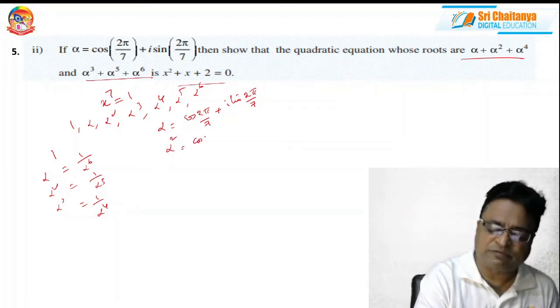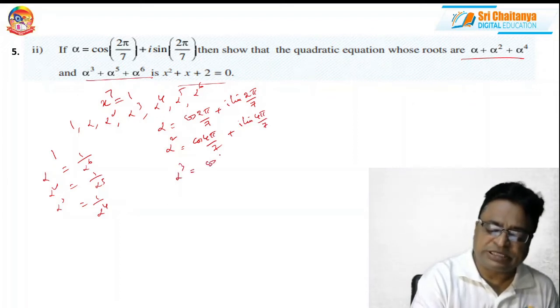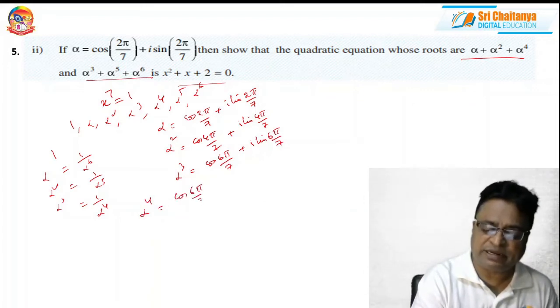Then next, what is alpha square? This is cos 4 pi by 7 plus i sin 4 pi by 7. What is alpha cube? Cos 6 pi by 7 plus i sin 6 pi by 7. So then what is my alpha power 4? Alpha power 4 is 1 by alpha cube, that is cos 6 pi by 7 minus i sin 6 pi by 7.